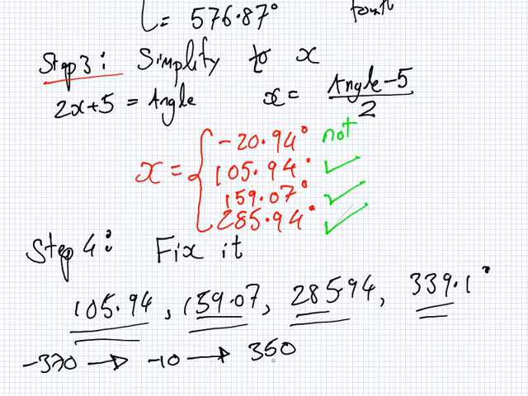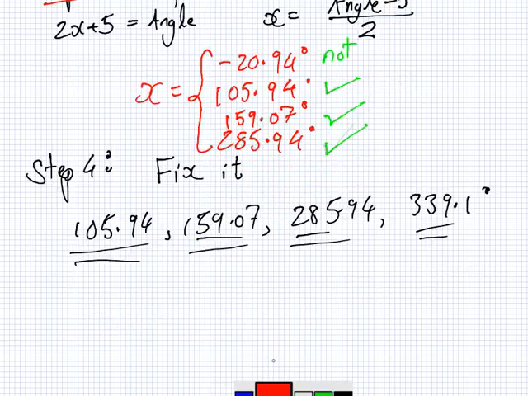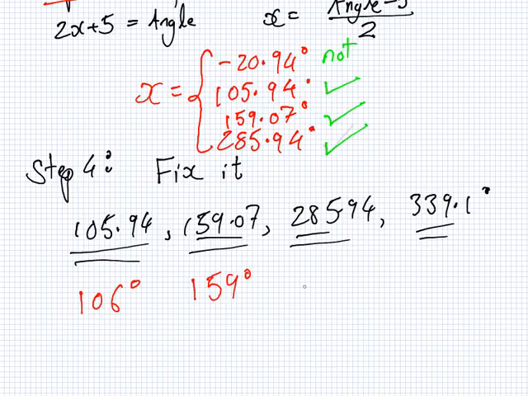So we could bring it back if we do it twice. Now, we usually give the answers to 3 significant figures, so the final answer would be 106 degrees, 159 degrees, 286 degrees, and 339 degrees.